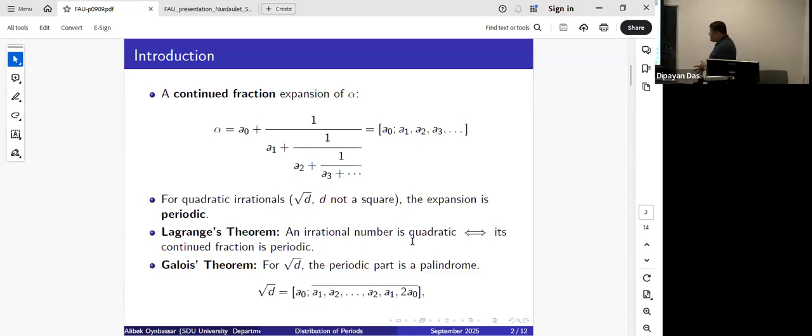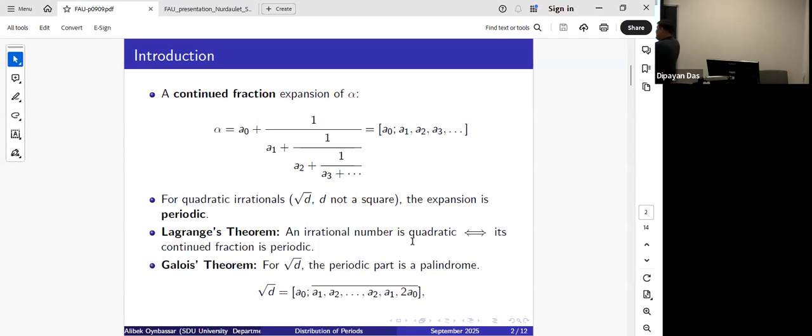For quadratic irrationals, we take the square root of d, where d is not a perfect square.